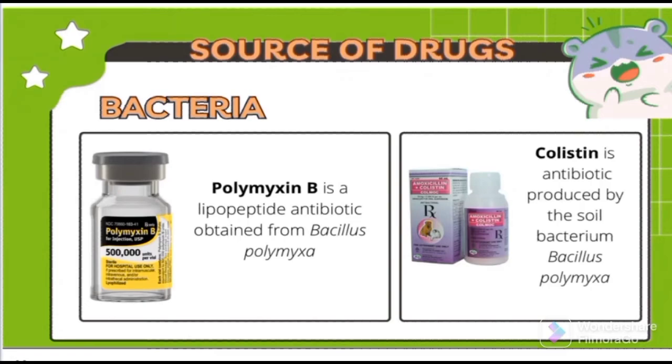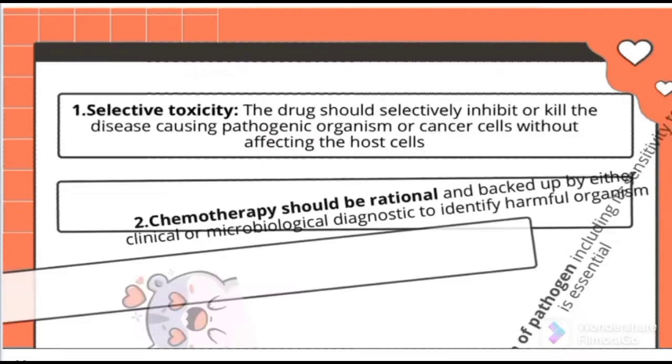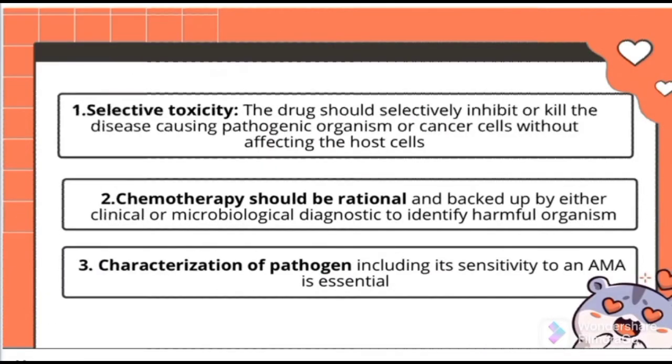The following are the principles of successful chemotherapy. First, it should have selective toxicity in order not to affect the host cells. Also, chemotherapy should be rational and backed up by either clinical or microbiological diagnosis to identify harmful organisms.